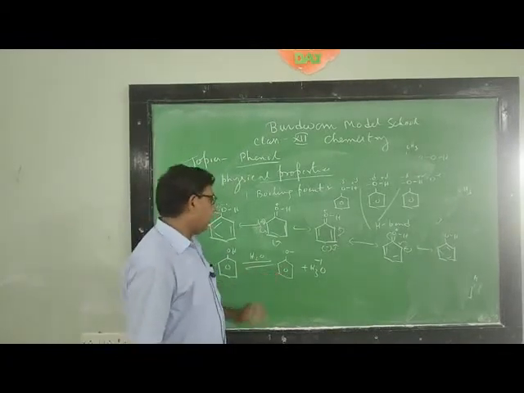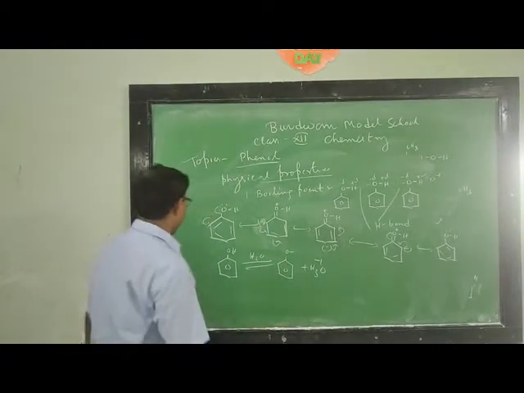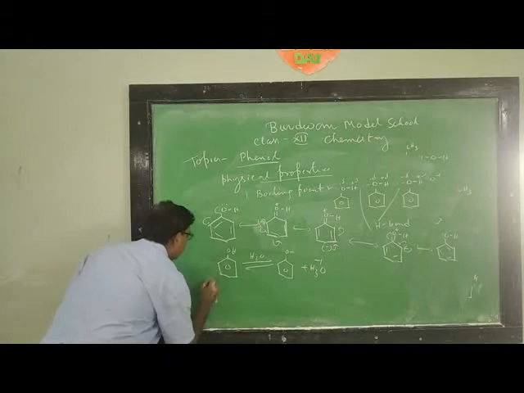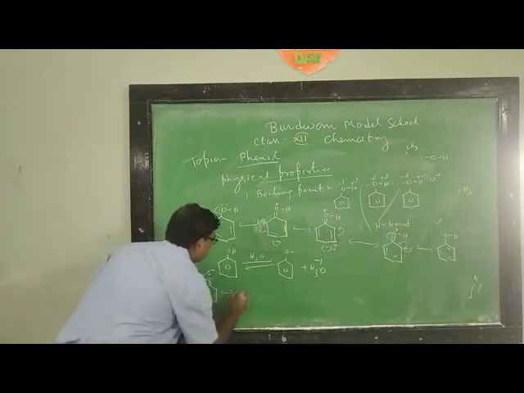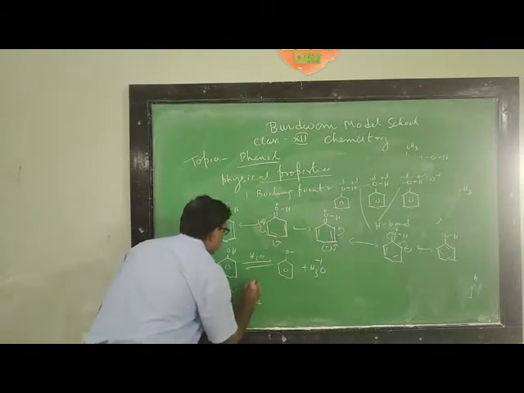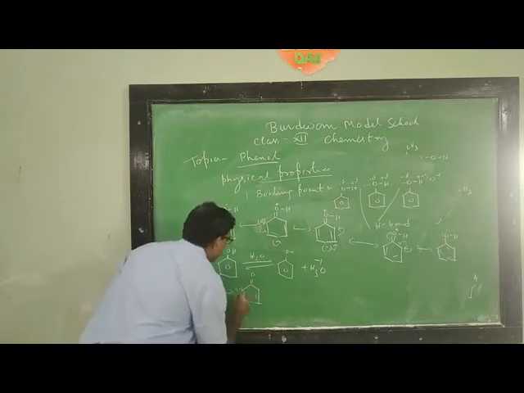Now phenoxide ion is also resonance stabilized. If you draw the resonance structure of phenoxide ion, this is the resonance structure of phenoxide ion. In this resonating structure, there is only negative charge.